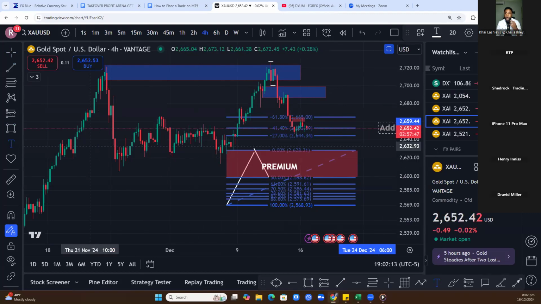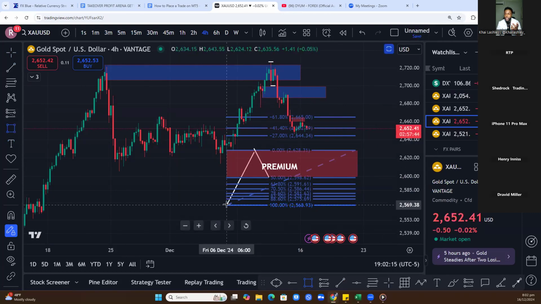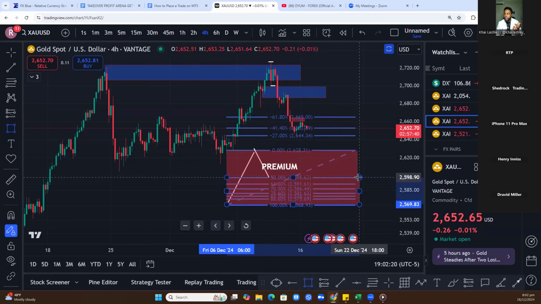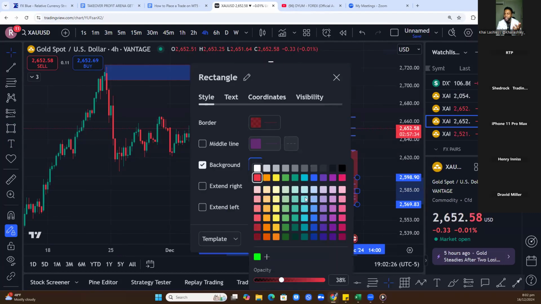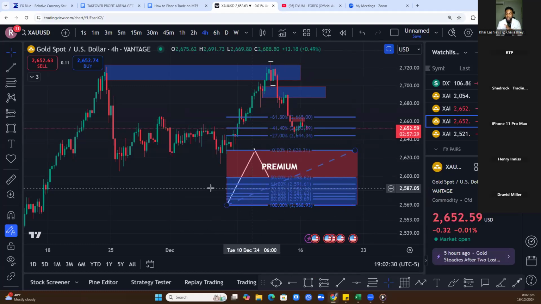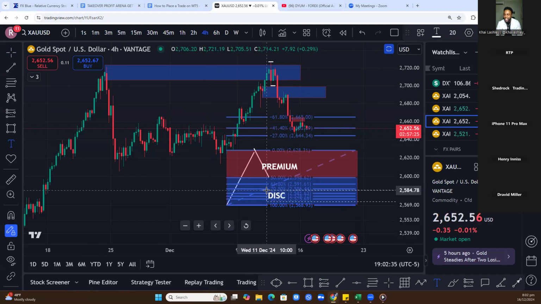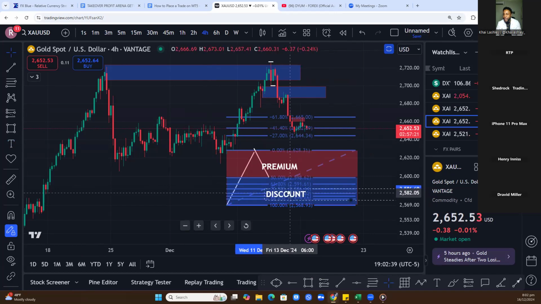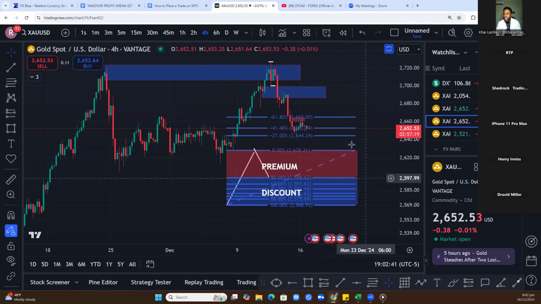So what are we looking for? We're looking for the market to trade down into these areas here, which is below, or above. Let me say below. It's really above 50%, but you guys catch what I'm saying. It's really below here, into discount prices.